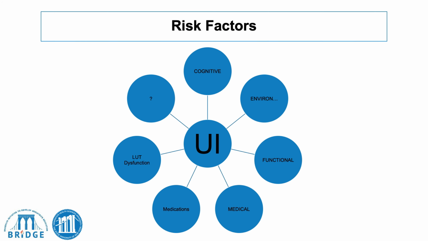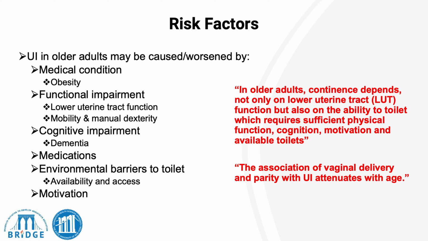What are some of the risk factors for urinary incontinence? There are a variety of them. It includes cognitive, environmental, functional, medical, medications, dysfunction of the lower urinary tract, and others. So, underlying medical conditions may increase the risk of developing urinary incontinence. For example, obesity, functional impairment, injury to the lower urinary tract, mobility problems, manual dexterity issues. Cognitive impairment, for example, in the setting of dementia, where the individual may not remember or may not sense the urge to void.